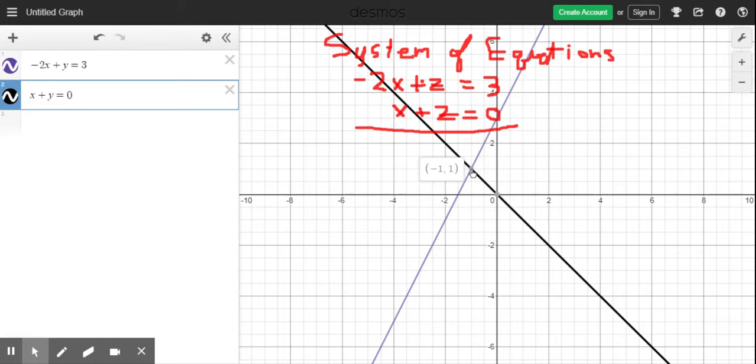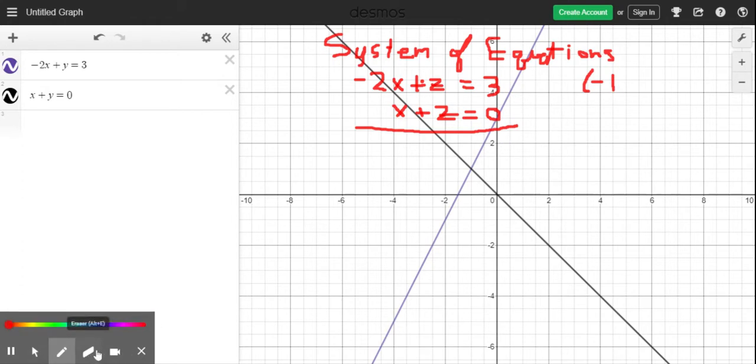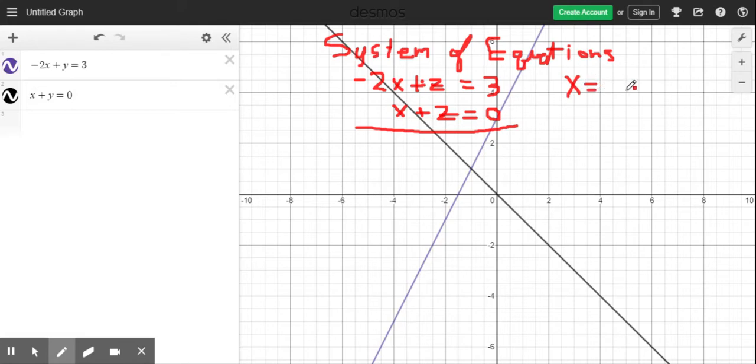And we can test that by putting in negative 1 for the x and 1 for the z. So without calculating anything algebraically, sometimes you can solve these just by using the graphing calculator. So let's go in and test when x is negative 1 and z is positive 1.